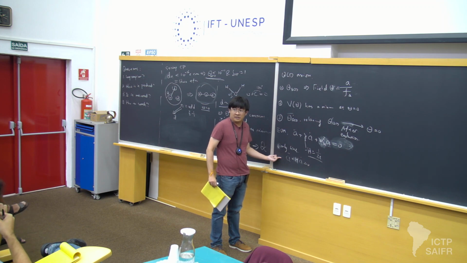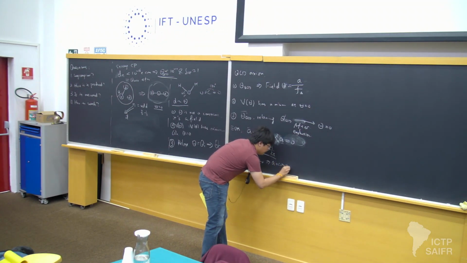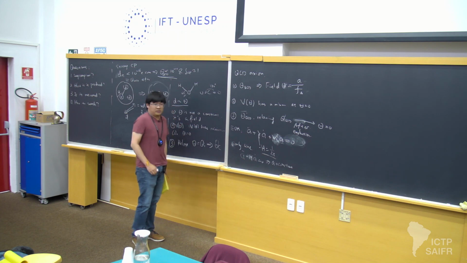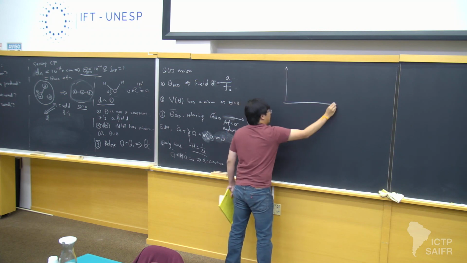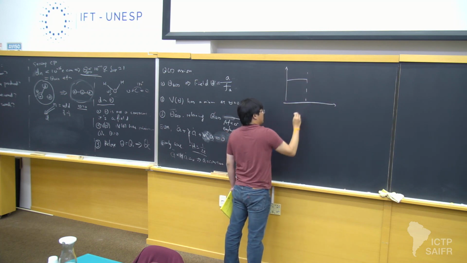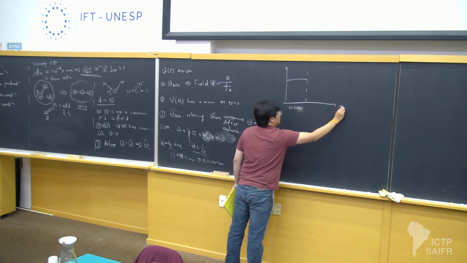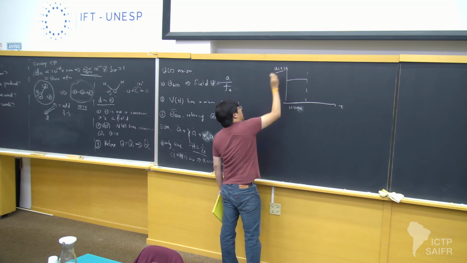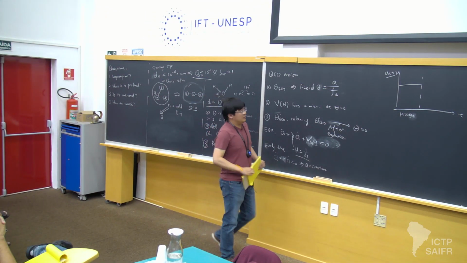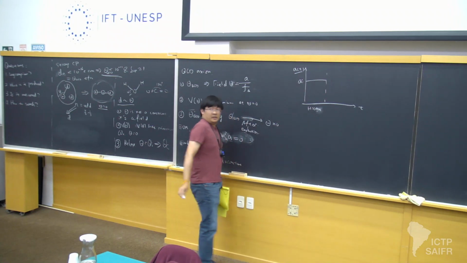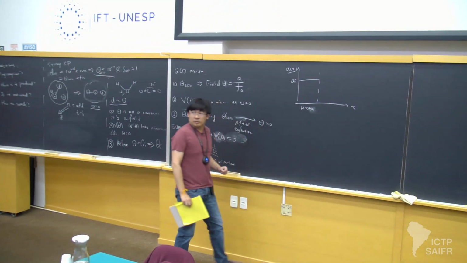A equals a constant is a solution. This is an over-damped oscillator, so the amplitude of the oscillation doesn't change to start with. So at early time, when Hubble is much bigger than m_a, my A of t is a constant, and I can track it all the way to the beginning, so it's equal to A_I. That's how it looks in the very beginning.